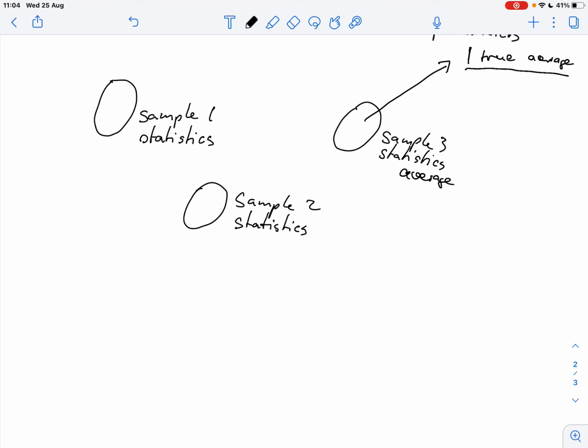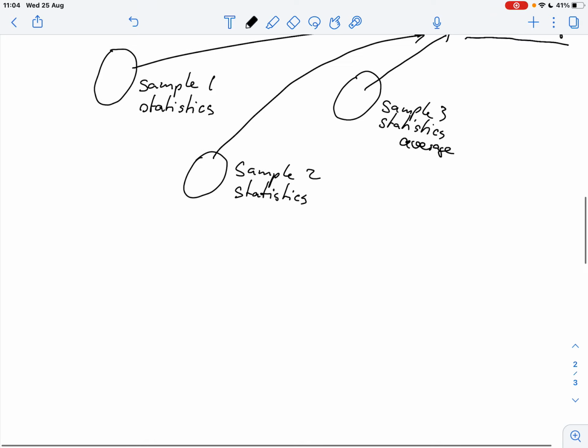And as you can see, I might end up with slightly different estimates for my true and only one population average.